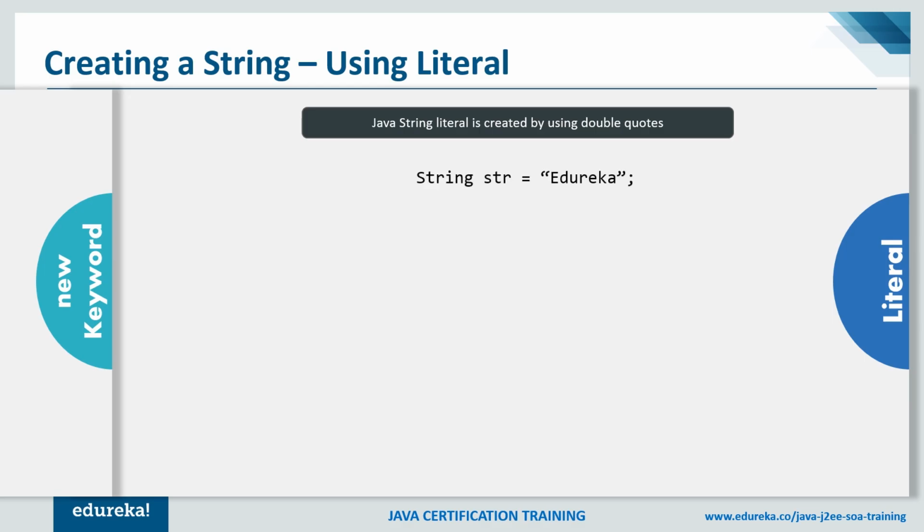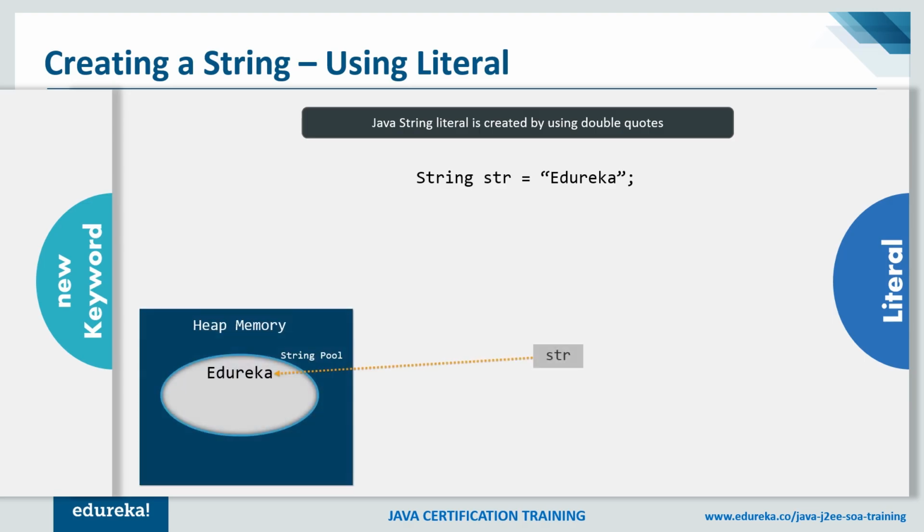You need to use these double quotes. When I'm saying str, str is basically a reference variable which is pointing to Edureka, like this. In the string pool, we got a literal called Edureka, and str will contain the hash code for that literal, and this is how we got a relationship mapping.